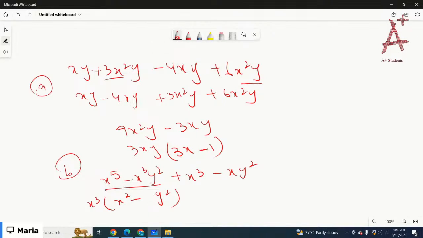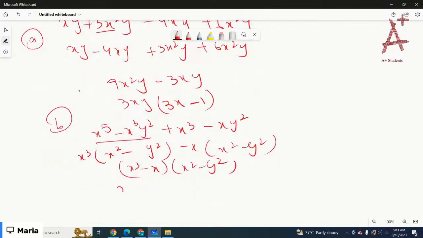Okay, from here just take common x squared minus y squared, right? So it would be x cubed minus x and x squared minus y squared, right? You can see here you have x plus y, right? That means x plus y is a factor, right?